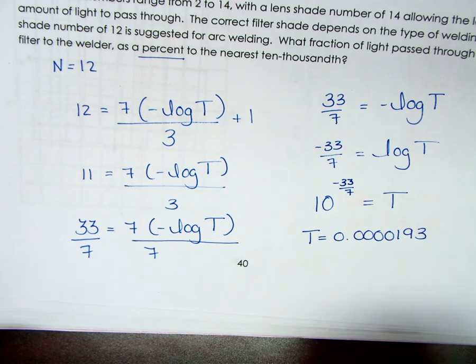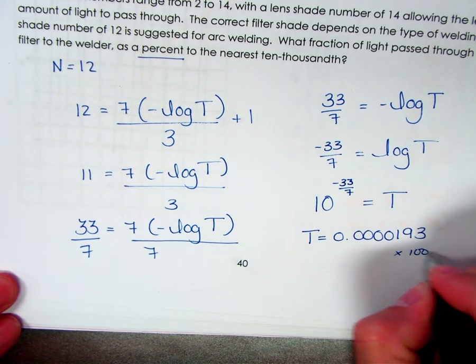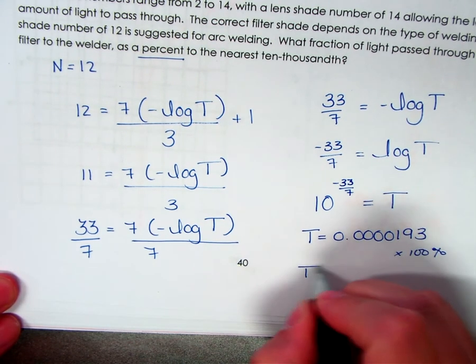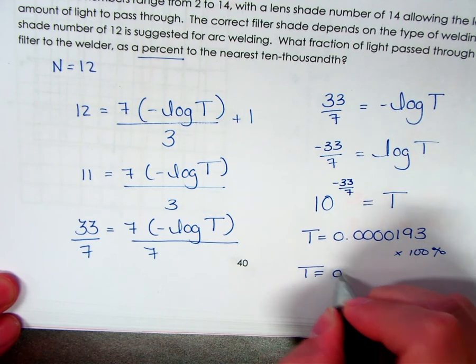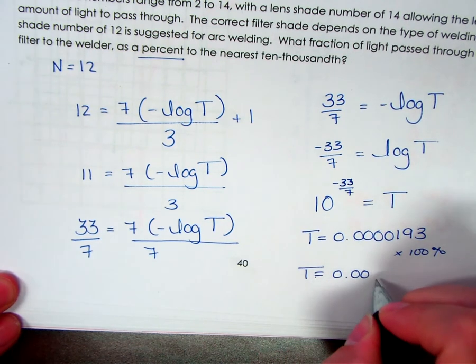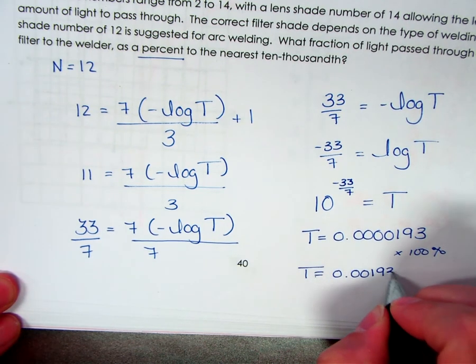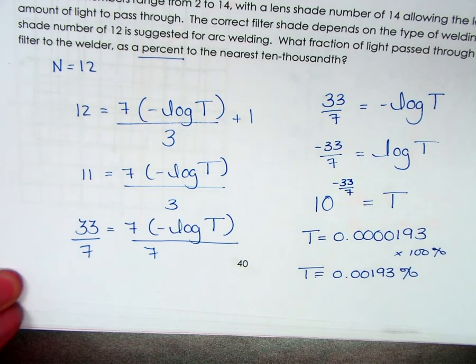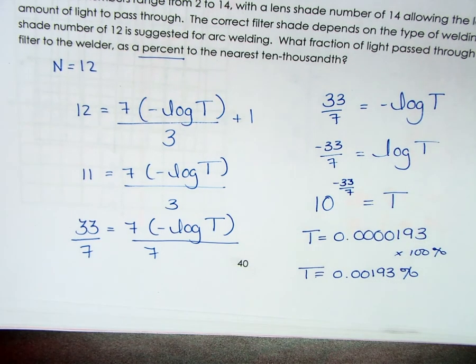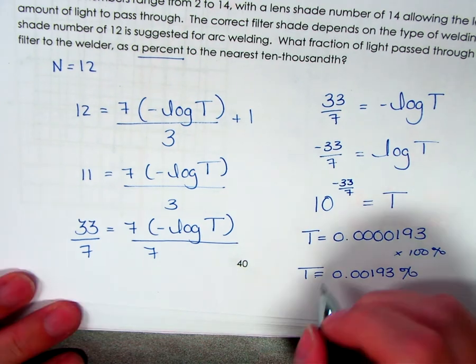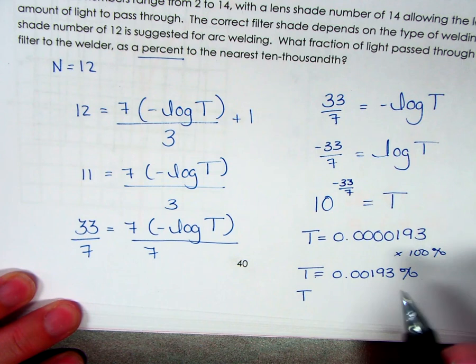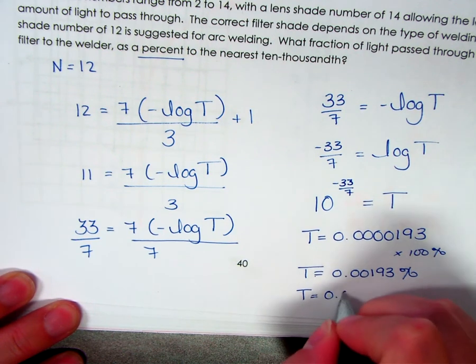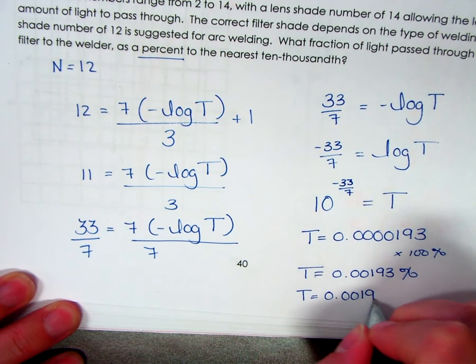Times it by 100 to get to the percent. That's not a lot of light. Oh, it wants it to the 10,000ths. So what place value is that? To the 9. So 0.0019%.